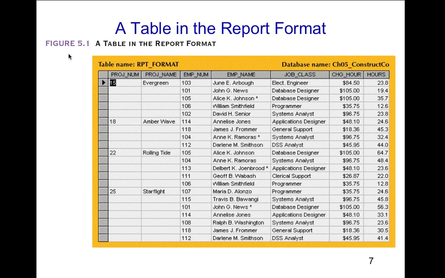What we get is a first normal form database. And what we've got is a table that's in a report format stored in a table. So you can see we have a project number up here, project name, employee number, employee name, job class, charges per hour, number of hours.